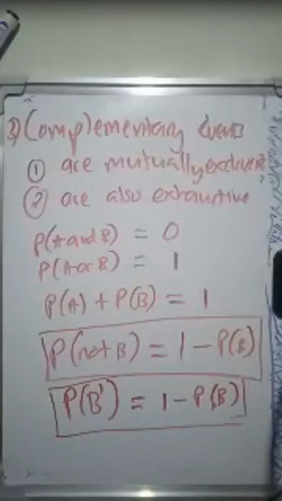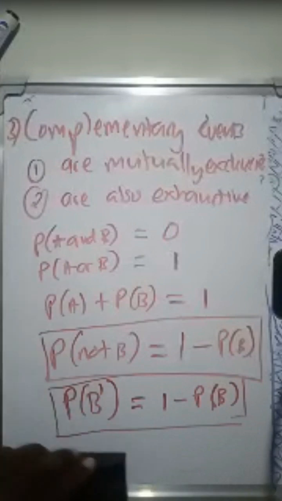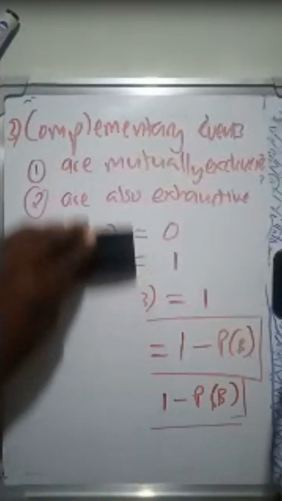Then another rule that we have is rule number 4: independent events.